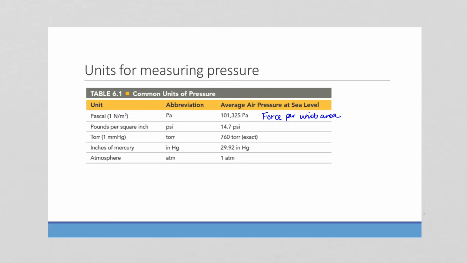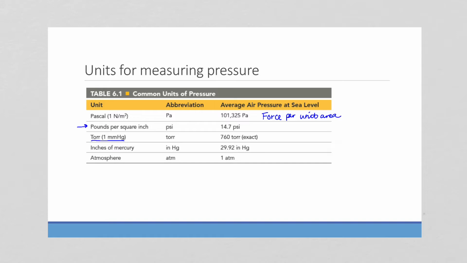And then PSI, or pounds per square inch. This is probably one that you're somewhat familiar with, at least because I think most American tires have PSI ratings. There is a unit called the torr. It's kind of a made-up unit that really means 1 millimeter of mercury.